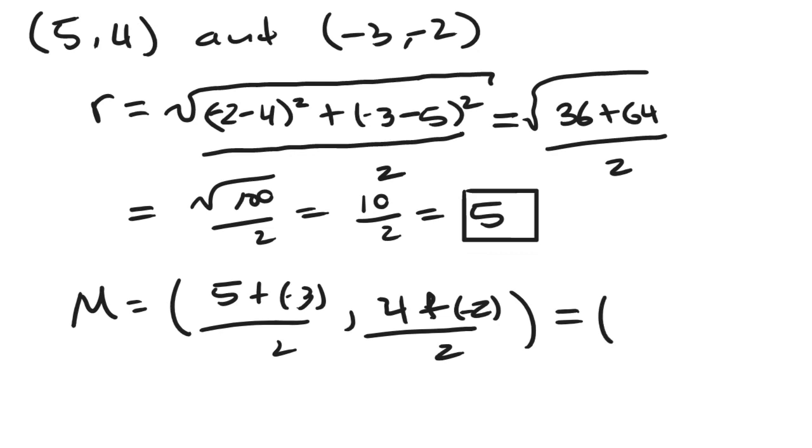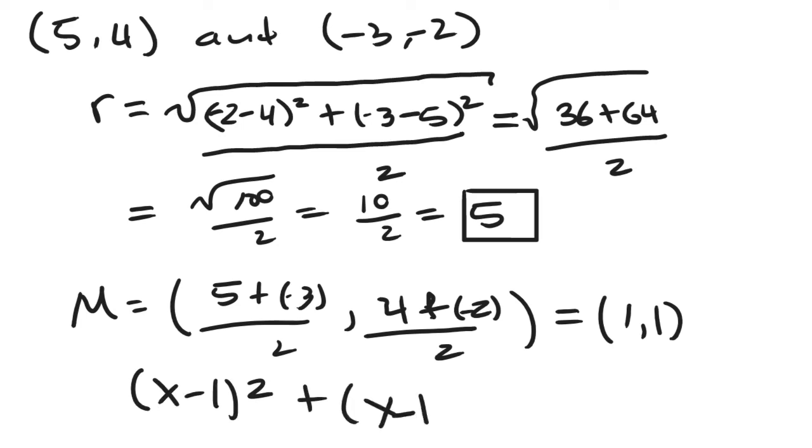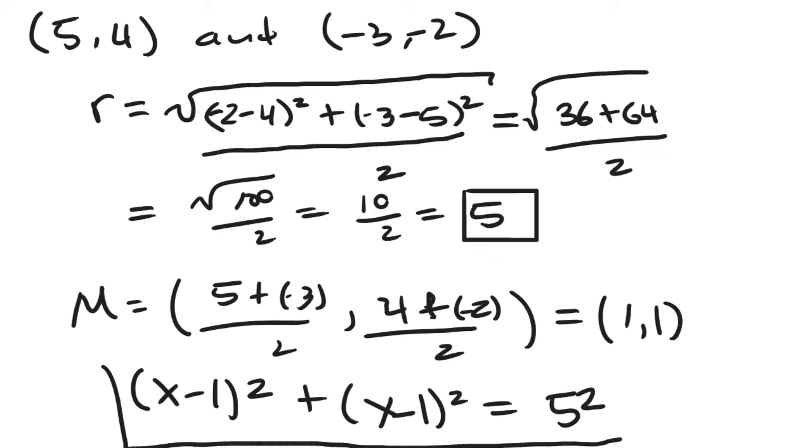But notice that that gives you the ordered pair 1, comma 1. So what does that mean? That means that you're going to end up with a circle that's centered at 1, 1, so x minus 1 squared, plus y minus 1 squared is equal to, well, you're going to do 5 squared, right? So in that case, we have our circle.